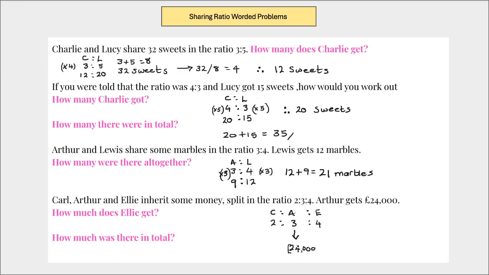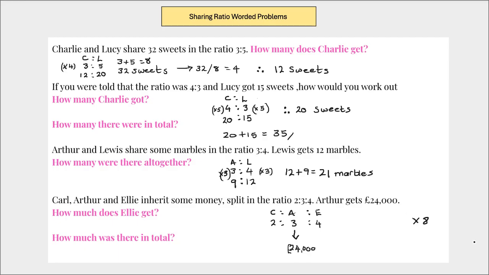What did we do? We timesed this 3 here by 8. Now I know this by just forgetting those zeros for a minute. So what do I times 3 by to get to 24? Well, times it by 8. 8, 16, 24. Okay.